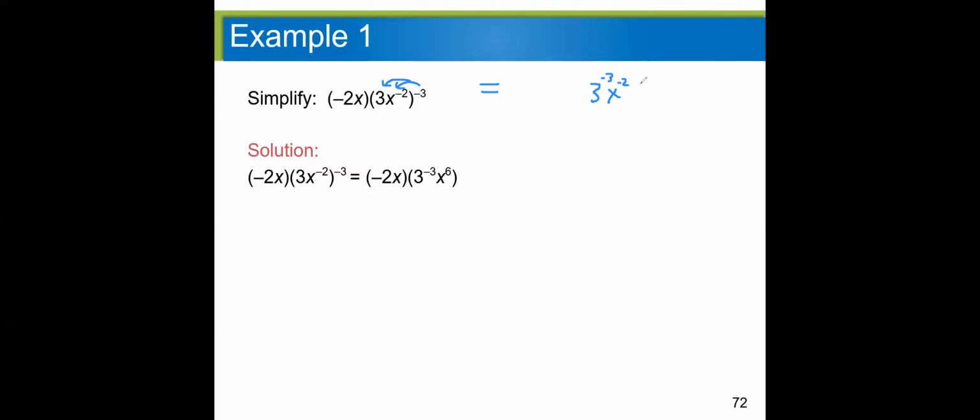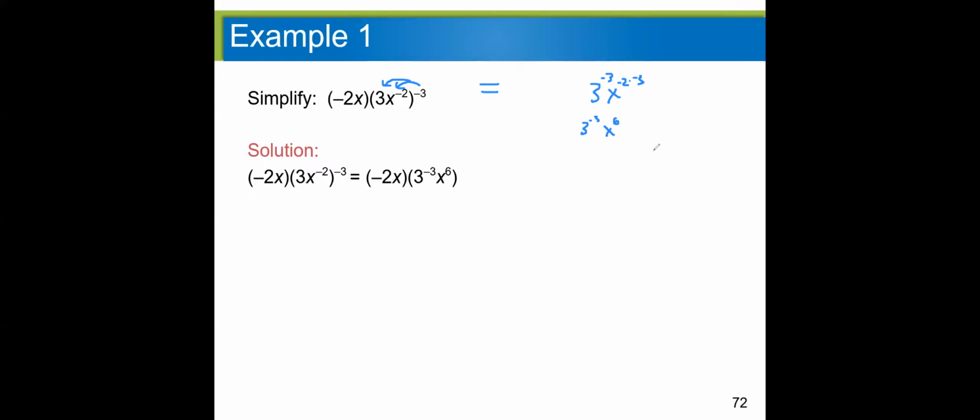When I have an exponent and I raise it to another exponent, that's the same thing as multiplication, right? 3 to the -3rd, and then x to the -2nd times -3rd. -2 times -3 is +6. So 3 to the -3rd, x to the 6th.